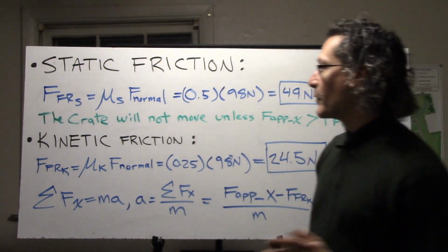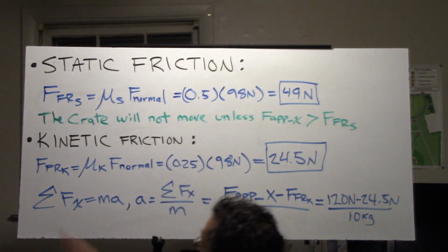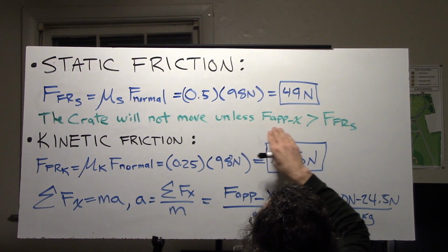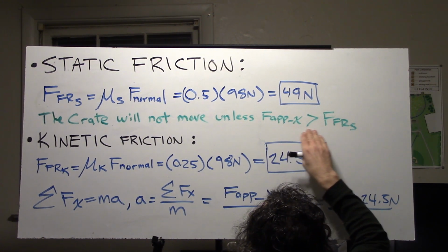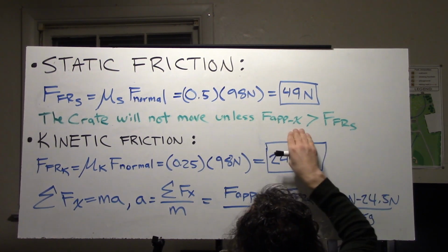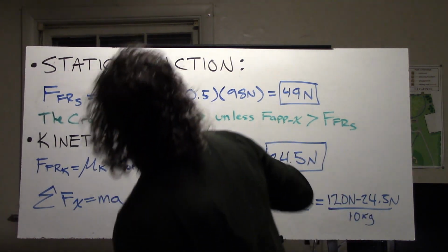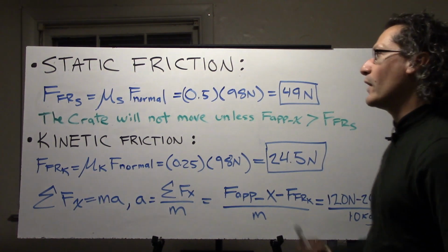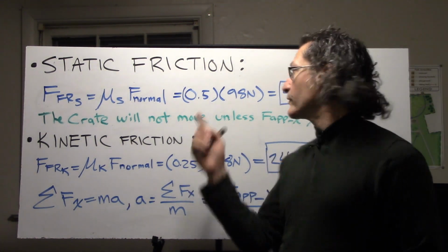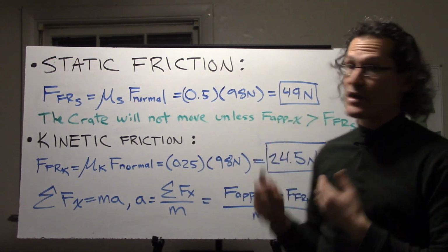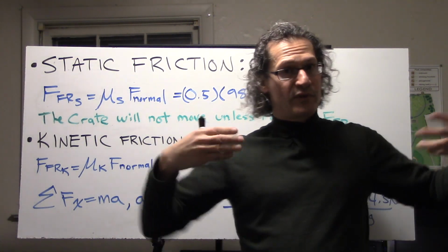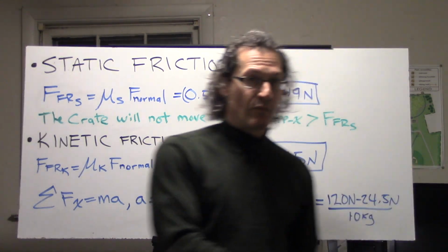So let's think about this for a moment. What does that mean? This means that the crate will not move unless force applied is greater than force of friction static. I put it, just to be clear, that it's in the x direction over here. So what does that mean? Well, it means that if you don't have enough force, if you don't have, in this case, 49 newtons, it won't move. Object will resist, resist, resist, and won't even move.